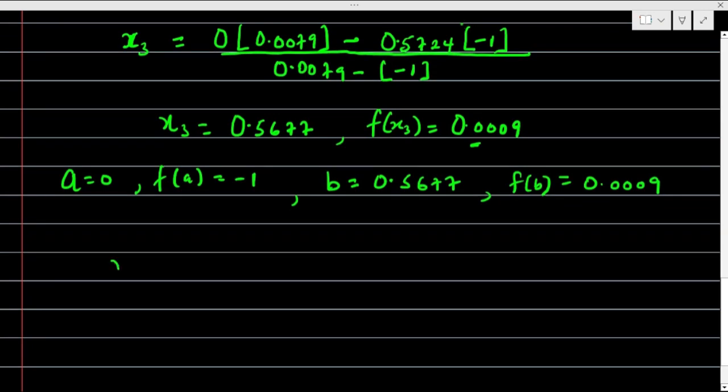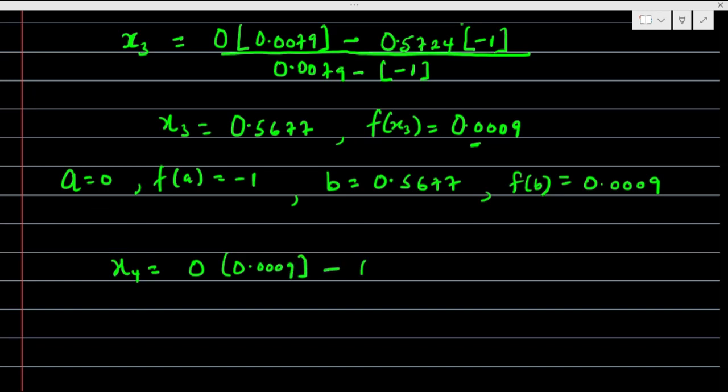So our x4 becomes a, which is 0, times f of b, which is 0.0009, right? Minus b, which is 0.5677, into bracket f of a, which is -1.